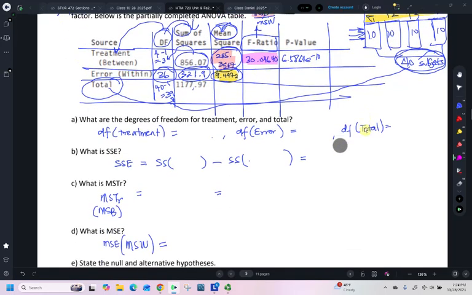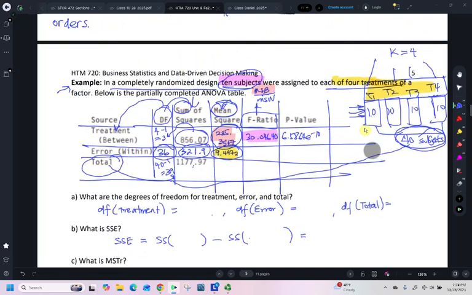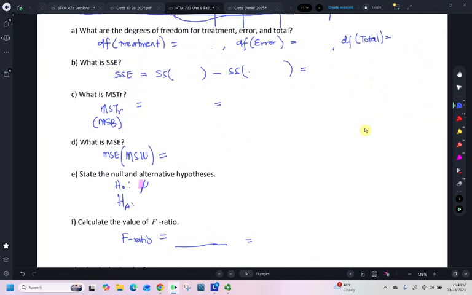What will be the null and the alternative hypothesis here? The null hypothesis will be that across the treatments 1 to 4, they are equal, versus the alternative that at least one of the means is not equal to the others.